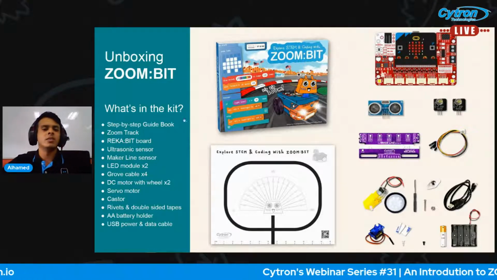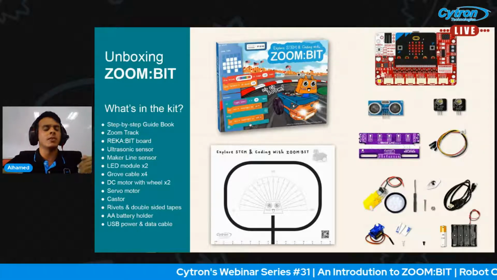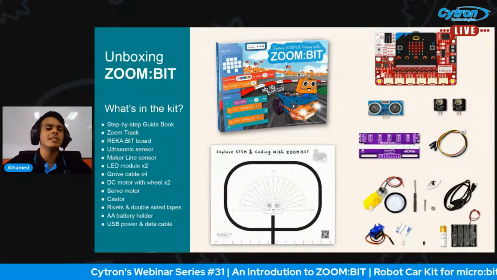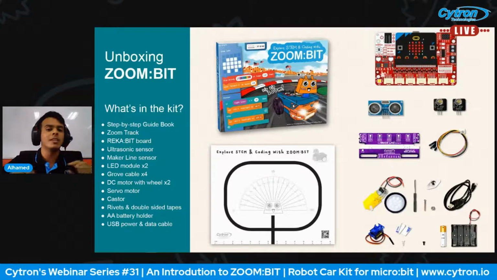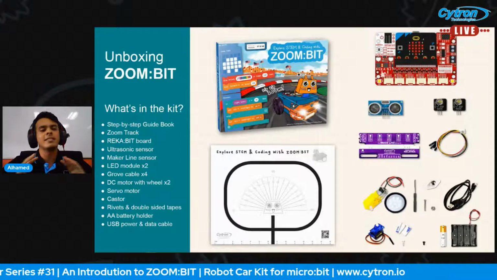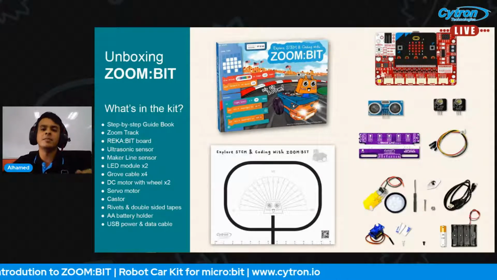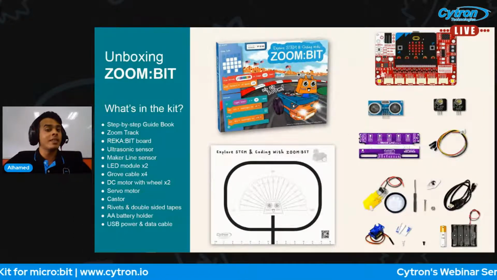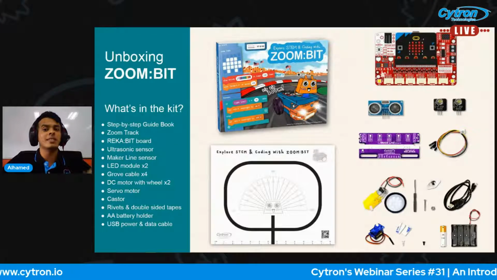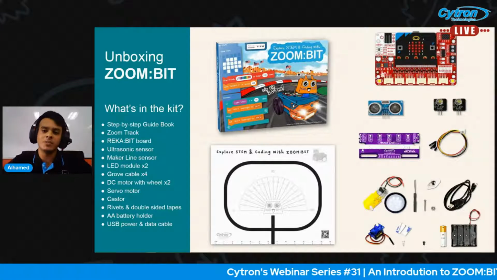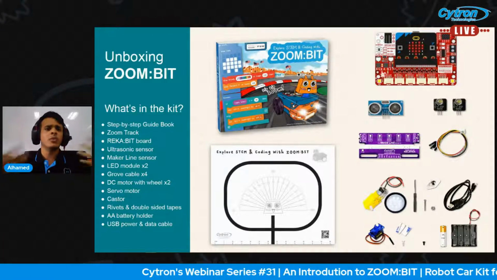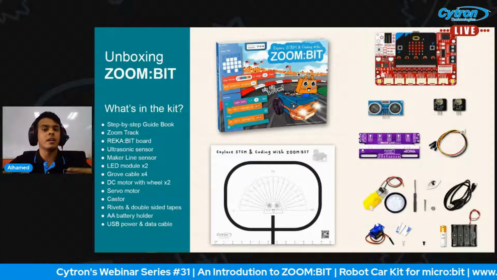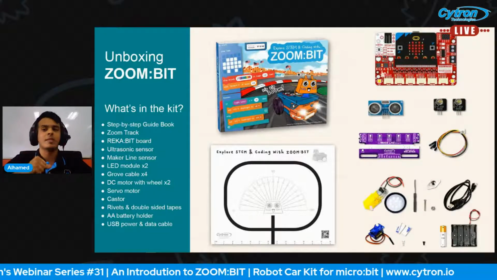All right, so all you have to do is follow the detailed and illustrated instructions to build your own robot and explore programming basics in a fun and engaging manner. Other than the guidebook, you will also get a large track line for ZoomBit. So, you will learn how to program the car to follow this track.